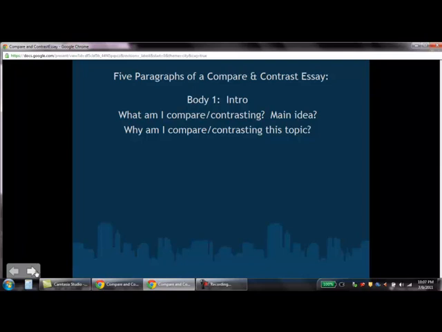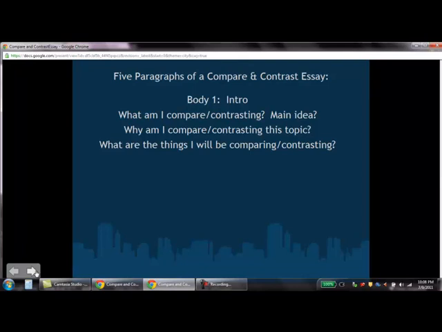Maybe we're recommending a product to someone. Maybe we're trying to convince someone of some political viewpoints. So there's a lot of reasons why you would compare and contrast things. So your intro is going to say why you want to compare and contrast, what you're comparing and contrasting, and then give us a roadmap of where you're going with it.